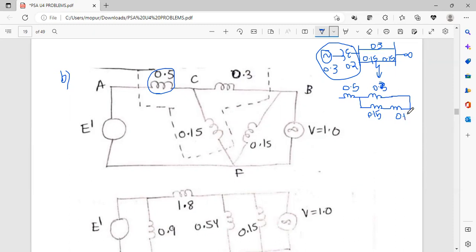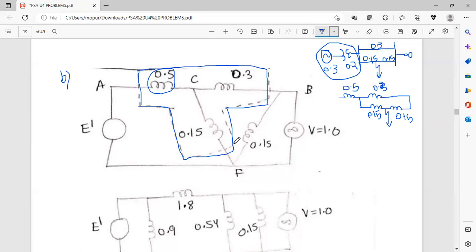Now the middle point of this is grounded. This is grounded, faulted. So that's what I had drawn, 0.3, 0.5, 0.3. This is 0.15, this is 0.15. Now, when I was explaining the swing equation derivation, I transformed a star to delta. So now you should transform this total star to the corresponding delta.